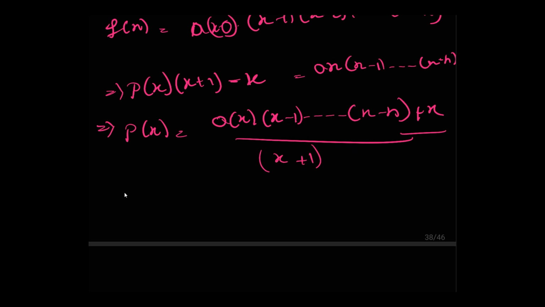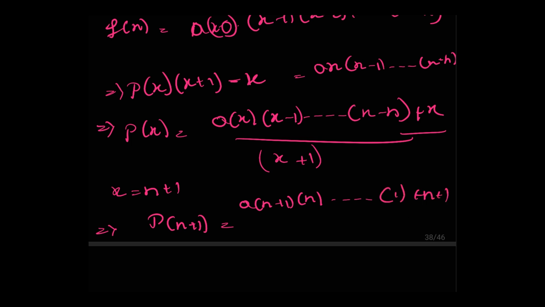Now, substitute x equals n plus 1. We get p of n plus 1 as a times n plus 1 into n into and so on up to 1, plus n plus 1 by n plus 2.